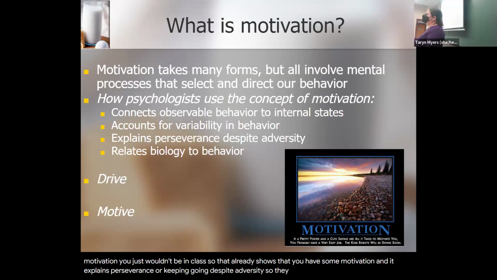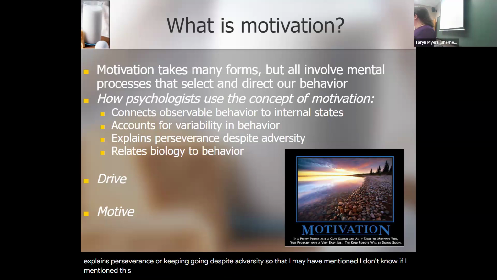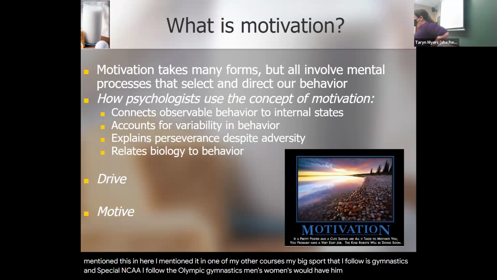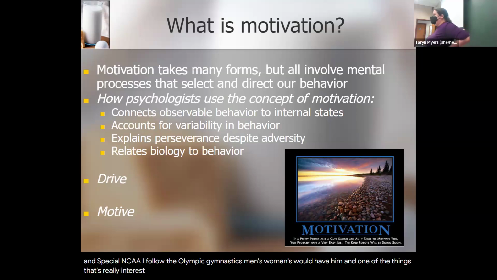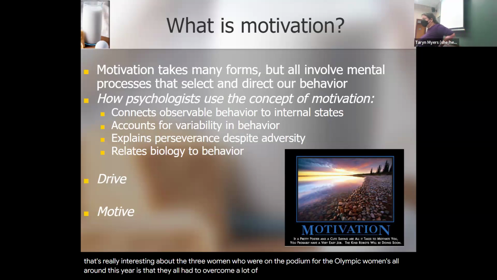I mentioned this in one of my other courses: my big sport that I follow is gymnastics, any type, NCAA, Olympic, men's, women's, what have you. One of the really interesting things about the three women on the podium for the Olympic women's all-around this year is that they all had to overcome a lot of adversity.